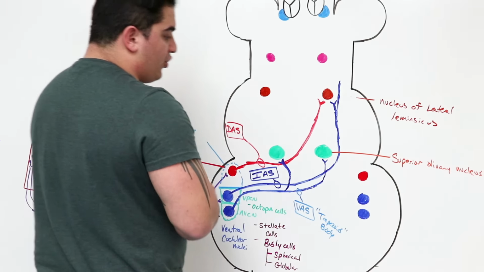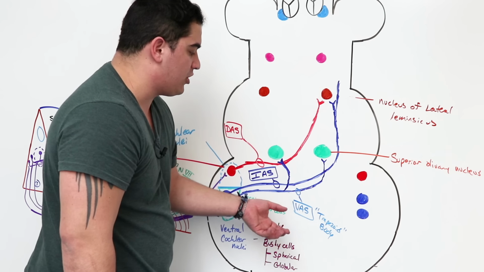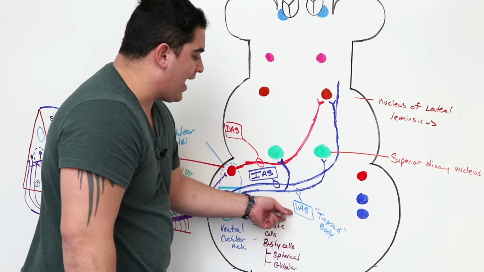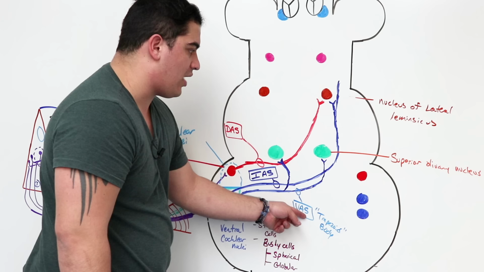This structure is super cool. There are two parts of it, which we'll discuss in a second. Most of these fibers will cross over to the contralateral superior olivary nucleus. Some of them will stay ipsilateral. When they cross over, they call that the trapezoid body more specifically, but you can interchange that with the ventral acoustic striae.